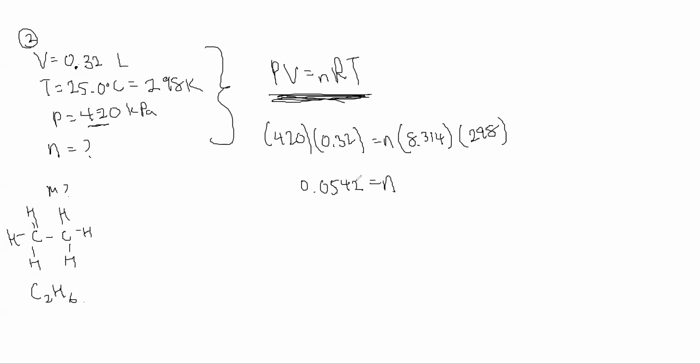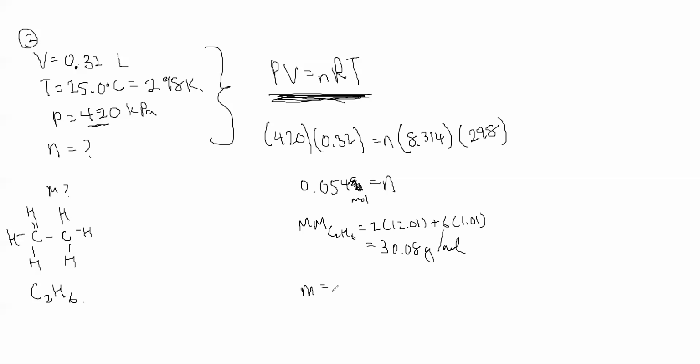Oh, sig figs. 0.054 moles. And okay, so what would the mass of this gas be? Well, the molar mass of C2H6 is 2 times 12.01 plus 6 times 1.01, 30.08 grams per mole.